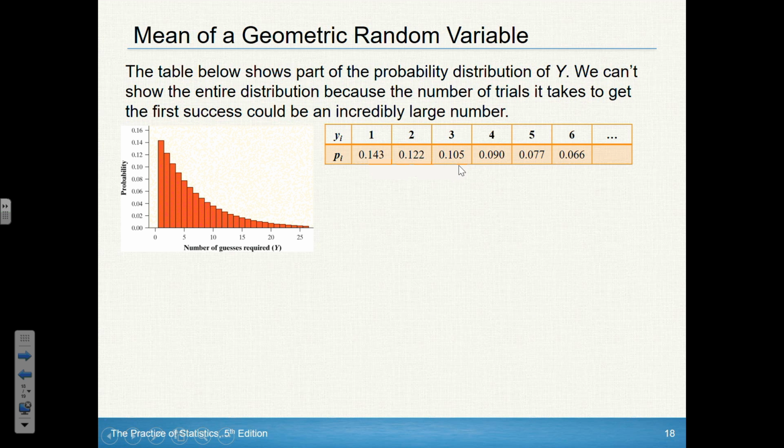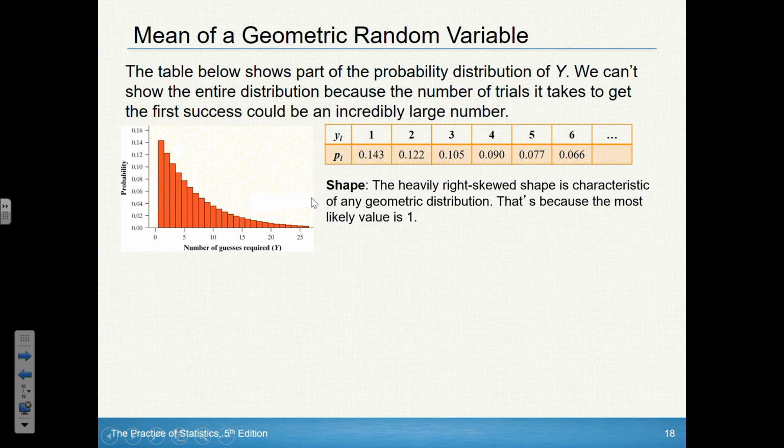You go from 1 to 2 or 2 to 3 or 3 to 4, etc. And that's obviously between 0 and 1. So the probability is always going to be going down. So the highest probability is when y equals 1, whether you look at the chart or the graph on the left here. So the shape is always going to be skewed to the right. That can't change regardless of the probability of success.